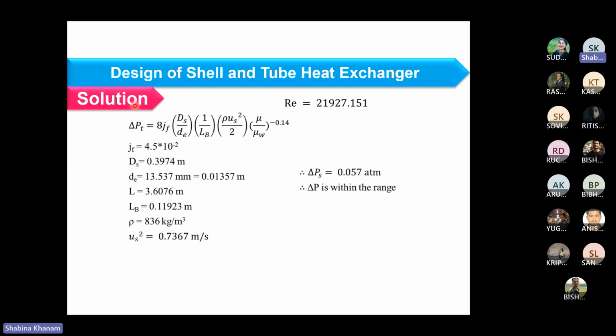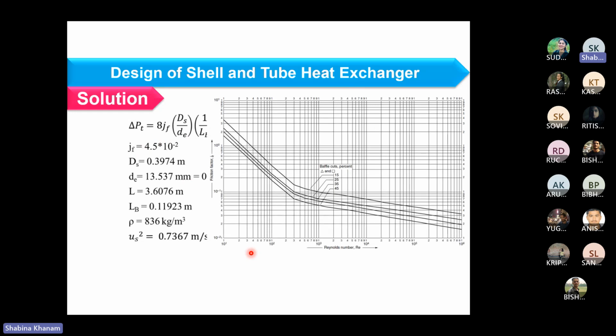Shell side pressure drop, sorry, this should be delta P s, shell side. The Reynolds number you have already calculated based on the velocity in the shell side, and jf you can see from this chart depending upon the 25% baffle cut. However, if you increase the baffle cut, you need to choose the value of jf accordingly.